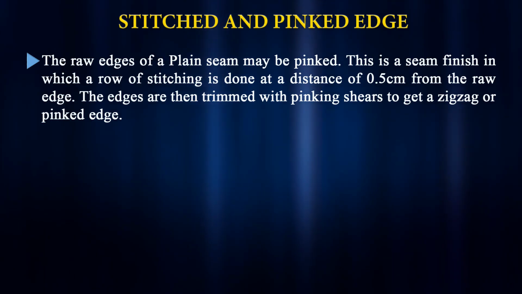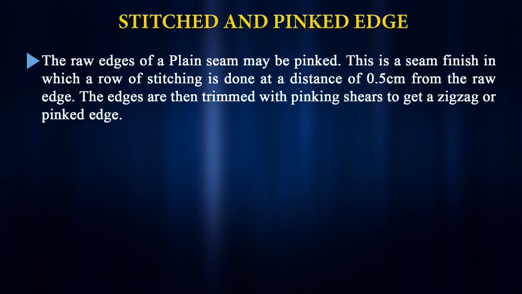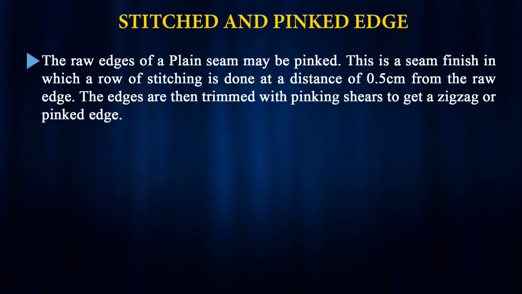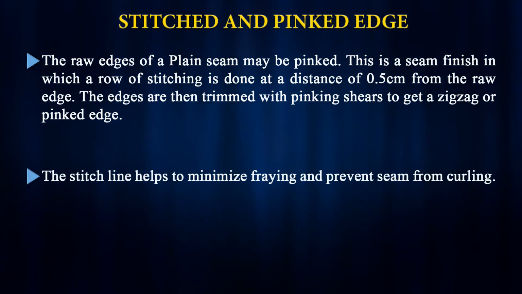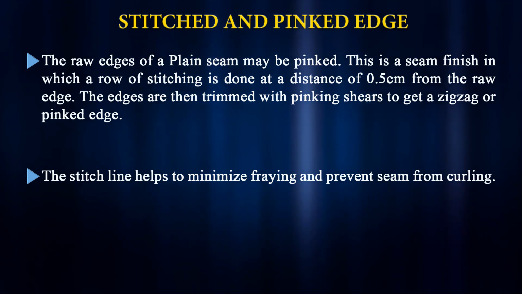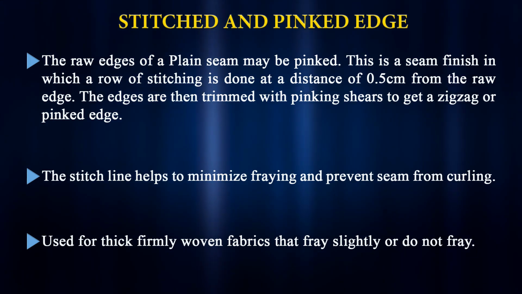The edge is then trimmed with the pinking shear to get a zigzag or pinked edge. So when we get a zigzag edge, it is not as frayed as if it is left straight. So the stitch line helps to minimize the fraying and prevent the seam from curling, and it is used for thick, firmly woven fabric that frays slightly or does not fray.